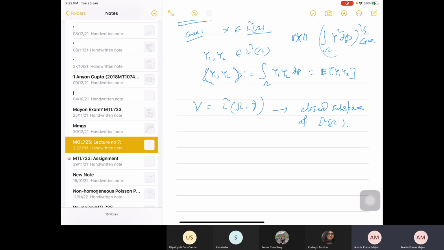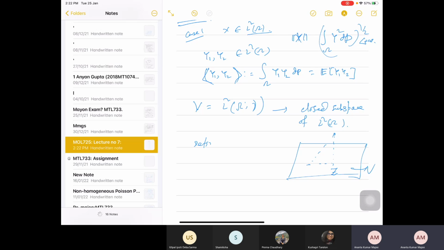So consequently, since it is a closed subspace, in your functional analysis course you have seen that I can think of the projection. Okay, so I define the projection of X on V. That means you can think of, suppose this is your space V and X is somewhere else. So what is the projection? Projection should be the smallest distance, no? So I can define the projection, since it is a closed subspace of L2.